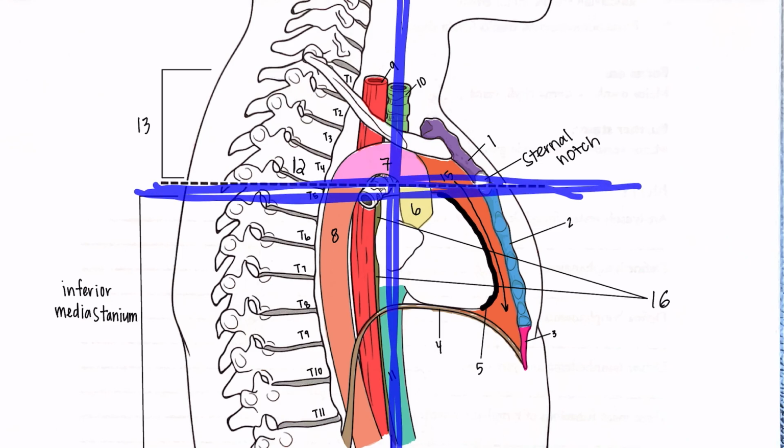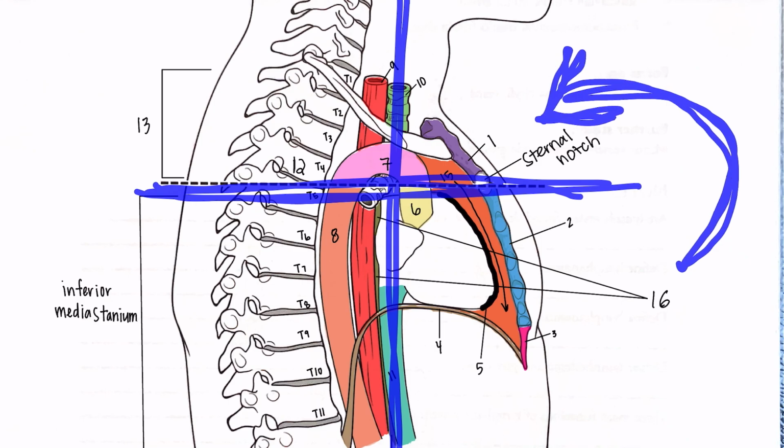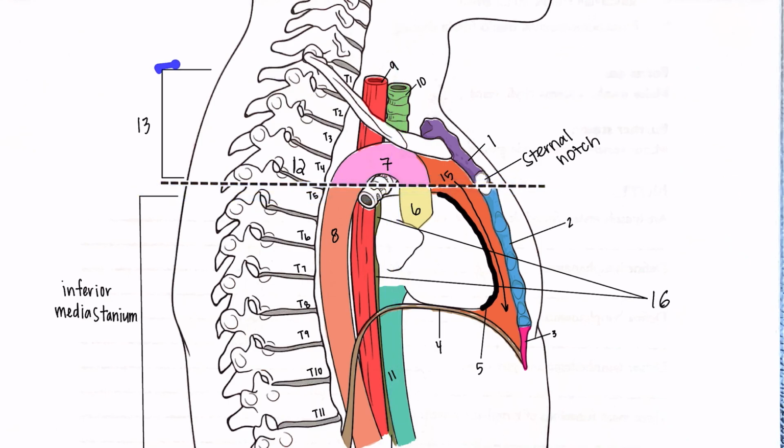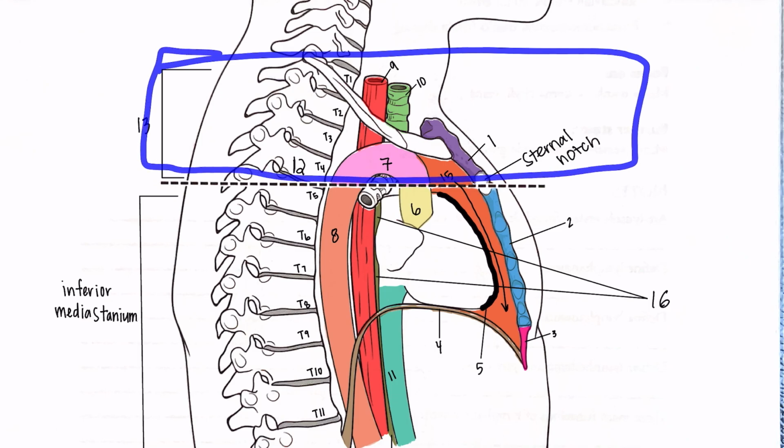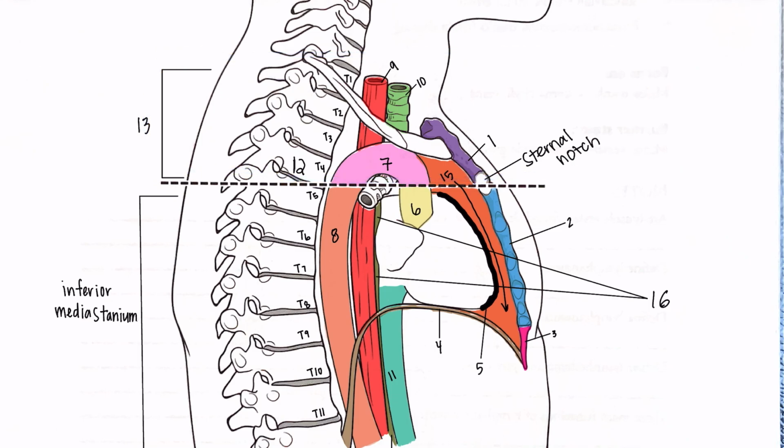Everything that is superior, above the line right here, that's what we're talking about. So everything that's included in this gap is what is included in that mediastinum. I'll provide a list toward the end of the video, so stay with me.